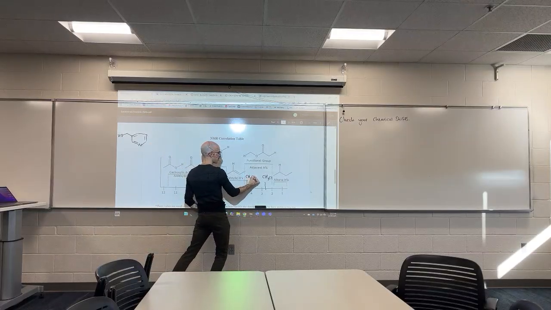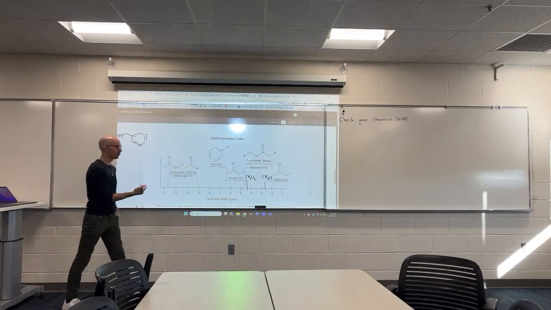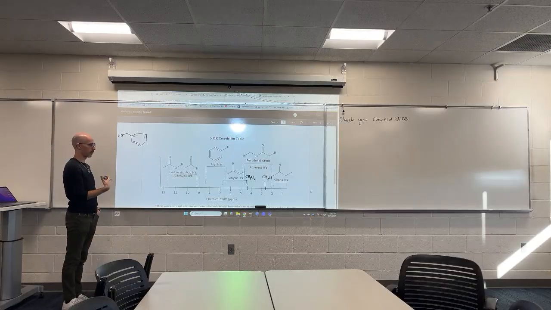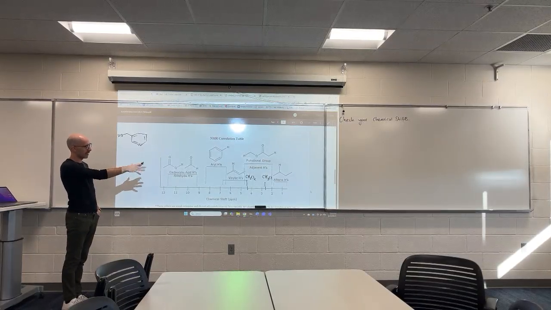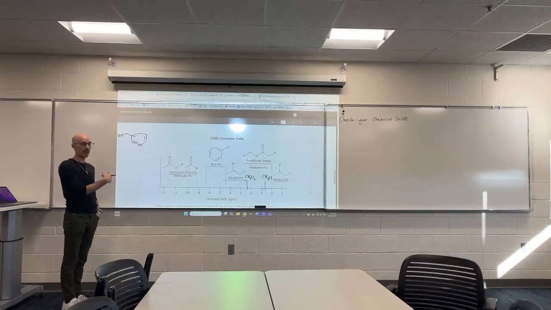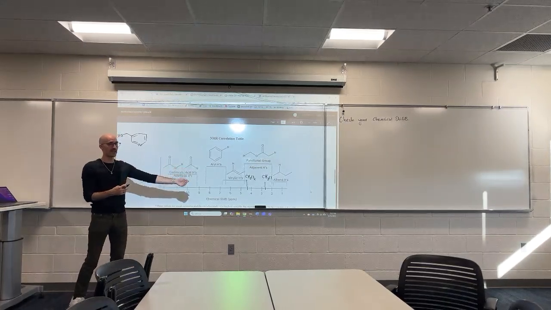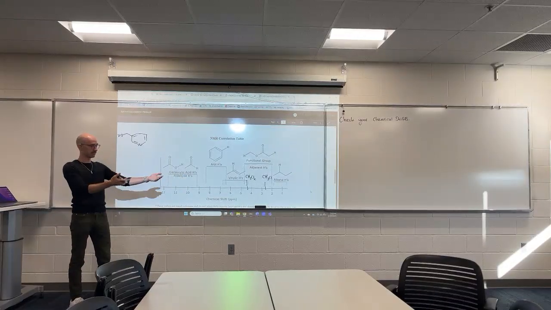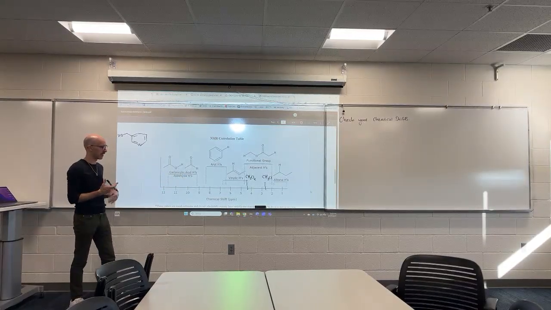Dichloromethane, CH2Cl2, those signals show up further to the left still. Maybe in the range we'd expect, maybe beyond the range. But you can see that by just adding one more halogen, the hydrogen signals are shifting left.